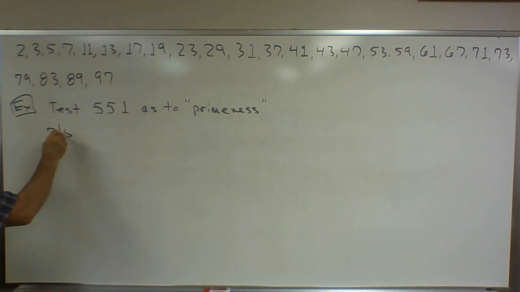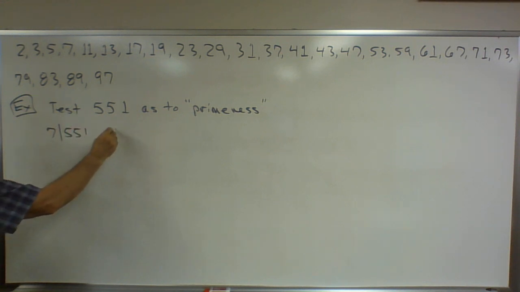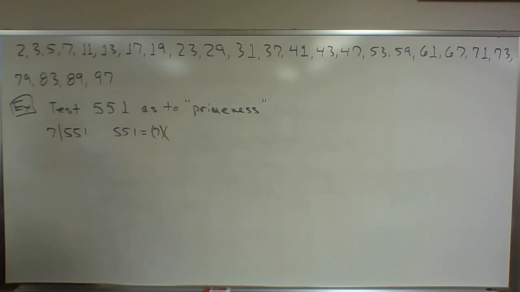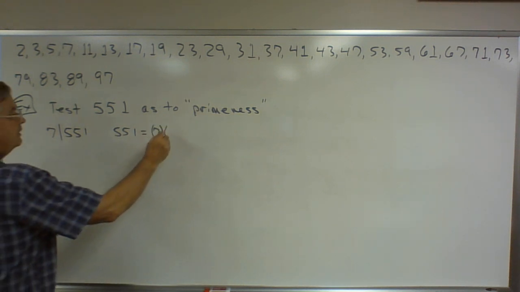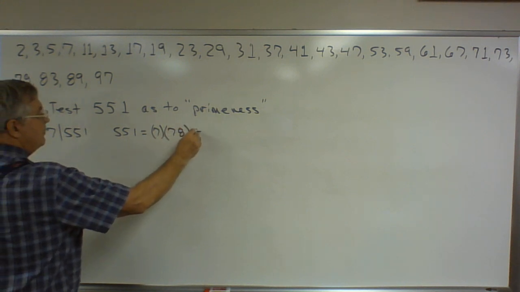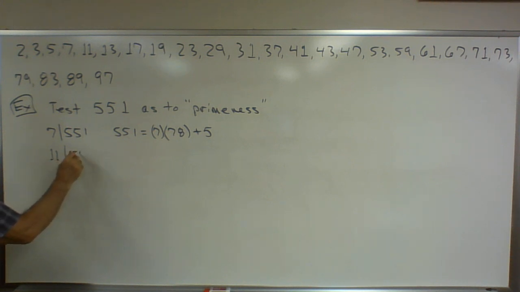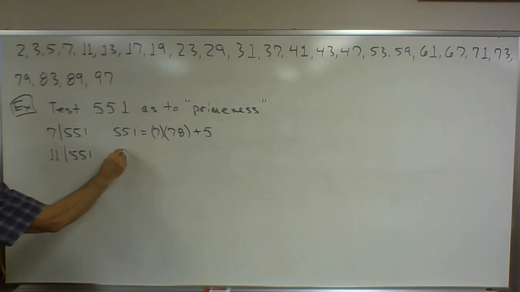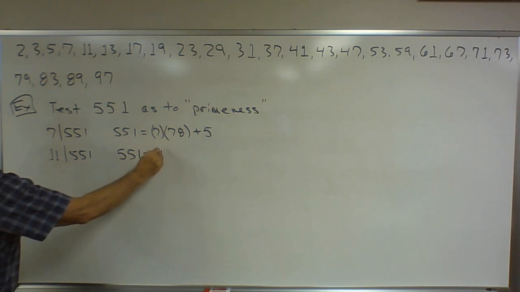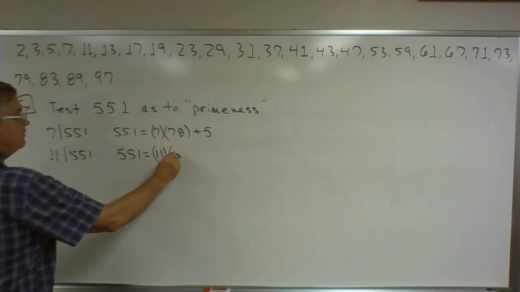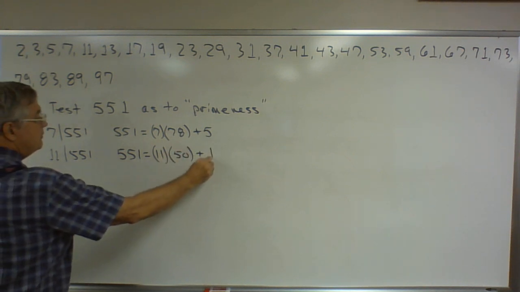Does 7 divide 551? 551 is equal to 7 times, if we check it out, 78 plus a remainder of 5. Okay, 7 doesn't work. Let's try 11. Does 11 divide 551? Let's see. 551 equals 11 times 50, that gives us 550, plus a remainder of 1.